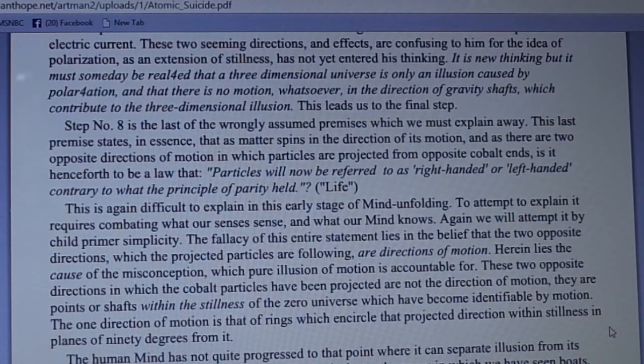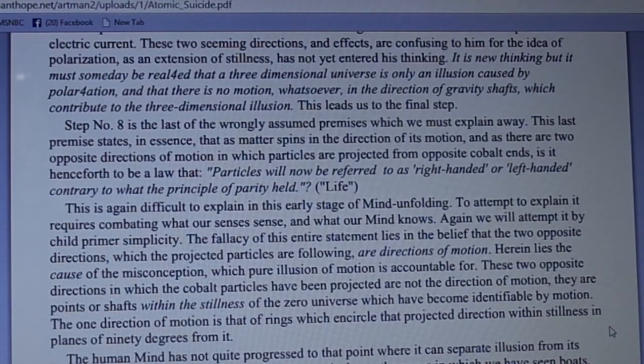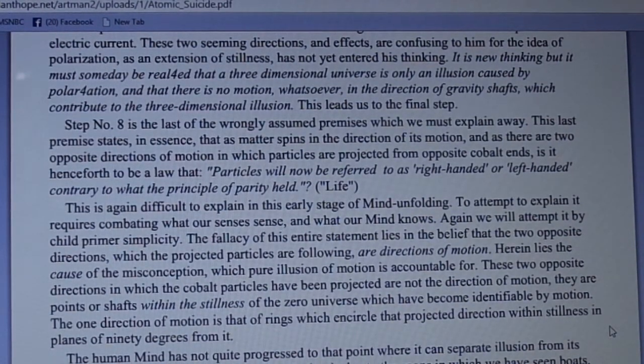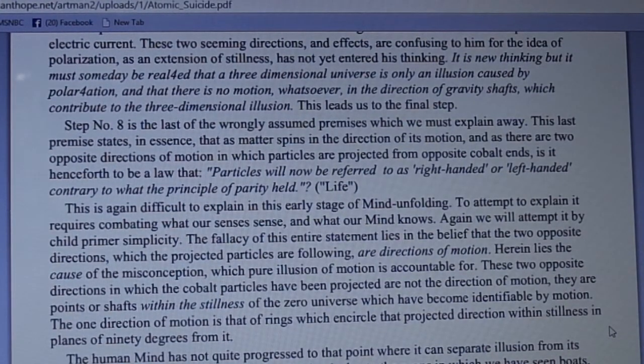To attempt to explain it requires combating what our senses sense and what our mind knows. Again, we will attempt it by child primer simplicity. The fallacy of this entire statement lies in the belief that the two opposite directions, which the projected particles are following, are directions of motion. Herein lies the cause of the misconception, which pure illusion of motion is accountable for.